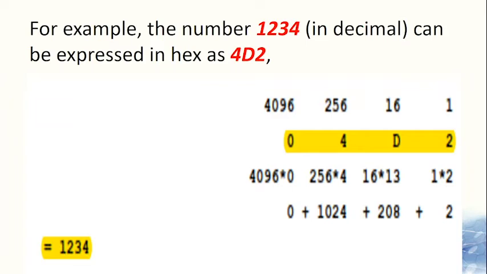To get the value, you have to multiply 256 times 4, 16 times 13, which is represented by the letter D, and 2 multiplied by 1. So you add the answers and you will get 1234 in decimal. But in hexadecimal, it is represented as 4D2.